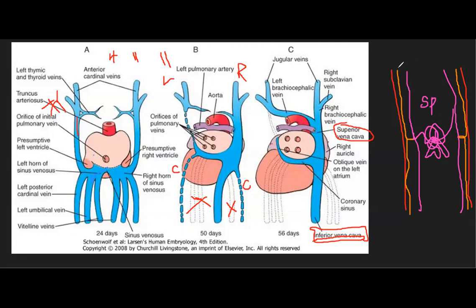Okay, this orange color one is sub. I am writing SB in short. And the red color one is posterior.